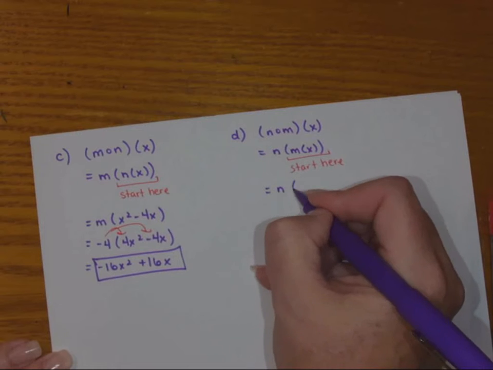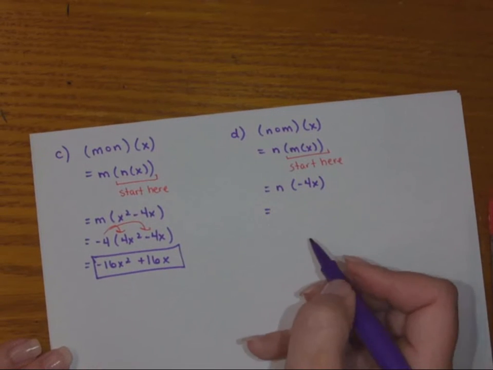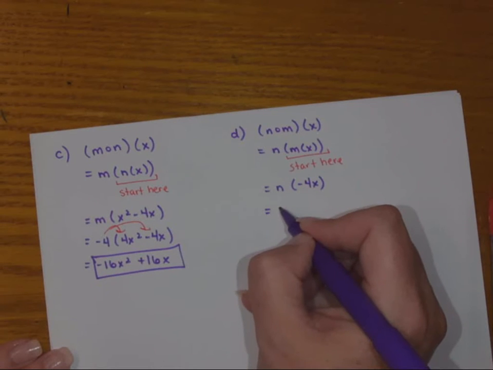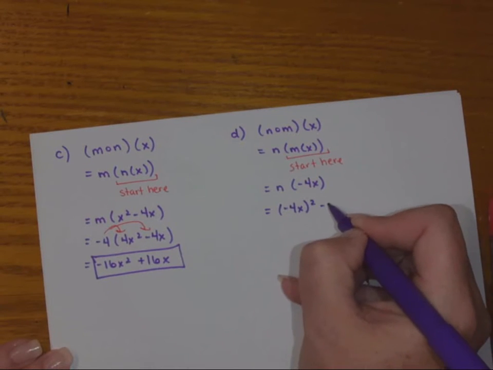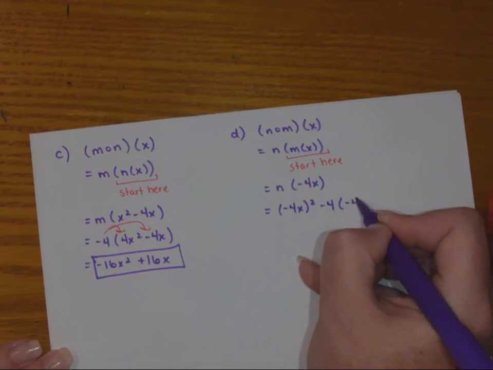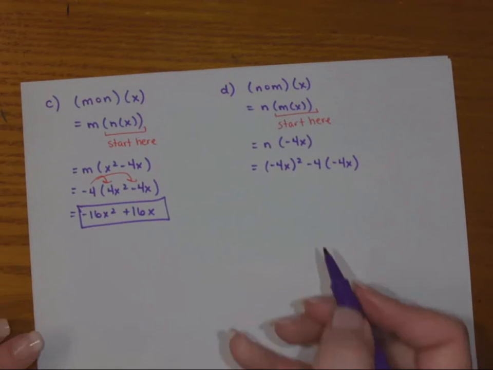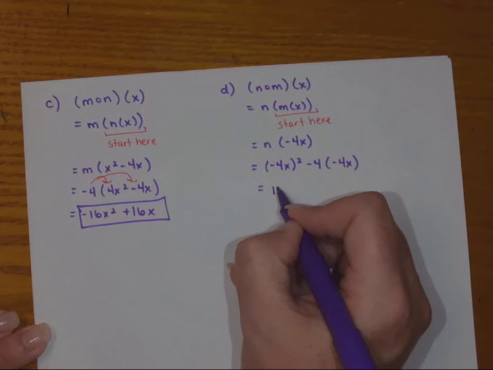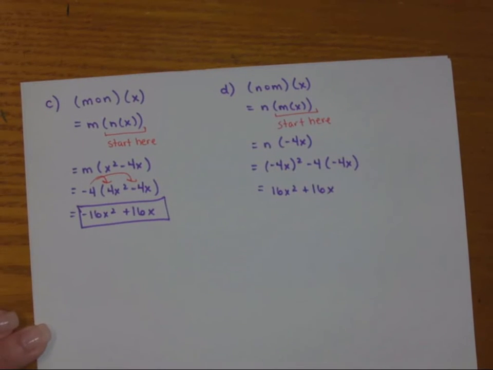N was negative 4x. So if I want n of something, I go to my n equation and I replace every x with what's in the parentheses. So it's x squared minus 4 times x. And notice every time I said an x, I stuck in the negative x in its place. So this would be positive 16x squared, and this would be plus 16x.